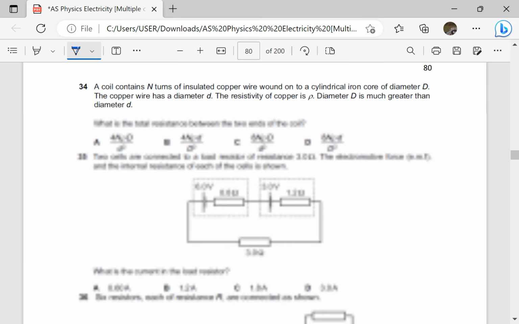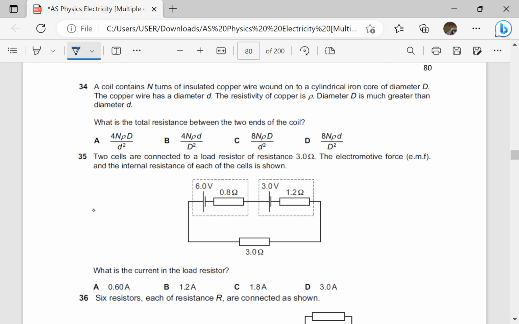A coil contains n turns of insulated copper wire wound onto a cylindrical iron core of diameter D. So the diameter is D. So the coil contains n turns of insulated copper wire wound on the cylinder.